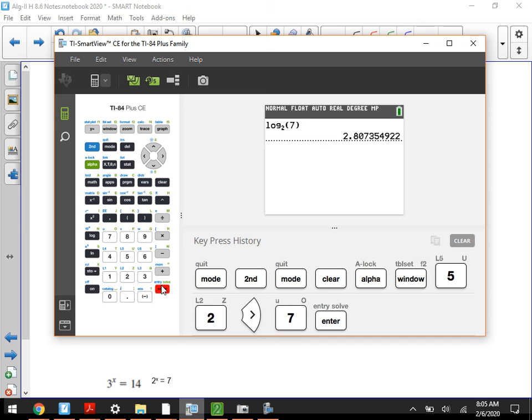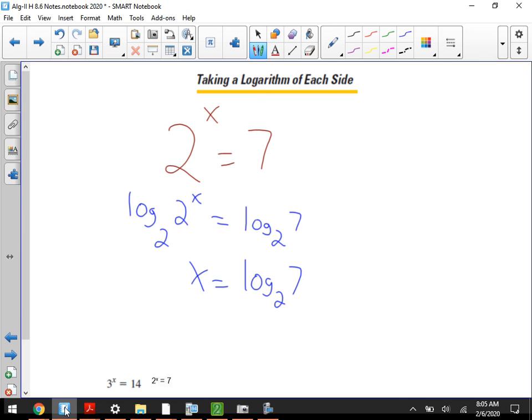Round that to 2 decimal places, you get 2.81. Alpha window 5 gets you the log base.